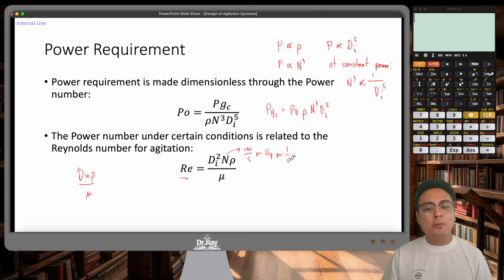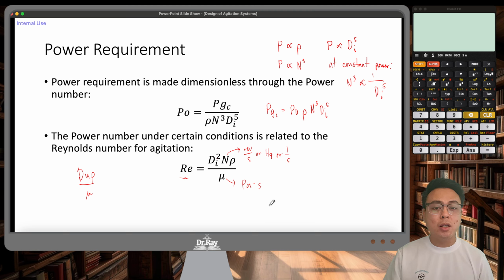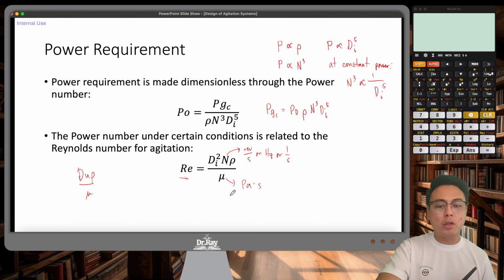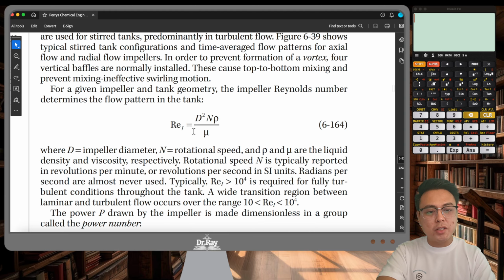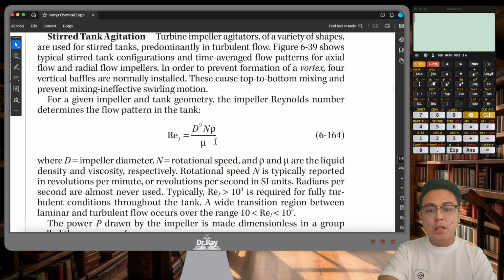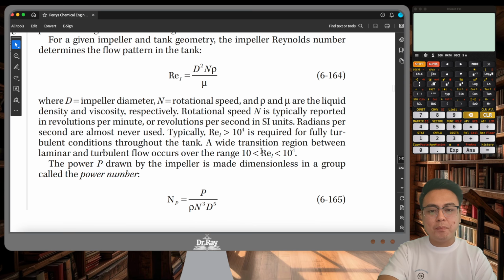That's because a parameter like viscosity, in standard SI units, will be in Pascal second, so you have to cancel this unit of seconds here. You cannot use revolutions per minute or RPM for the impeller speed here. So that's just a quick note. In the handbook, the Reynolds number is also given here. It's equation 6-164. This is the Reynolds number for stirred tank agitation.